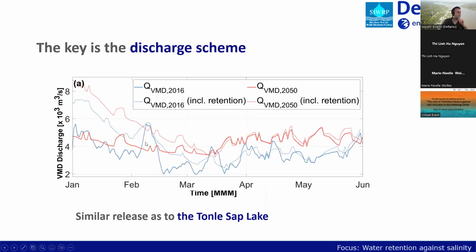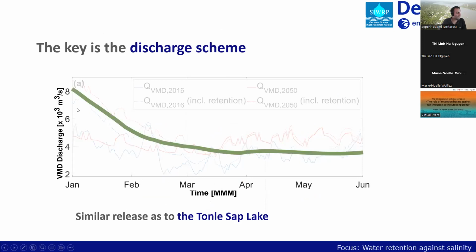But the problem is that if we look at the discharge, this looks a little bit ugly, so don't look at it like this. What I want to show is that if that storage wants to be meaningful, it should follow a declining trend like this. So for instance, from January all the way to March, this retention basin, wherever it is, should supply billions of cubic meters of fresh water in a declining manner towards March and April.